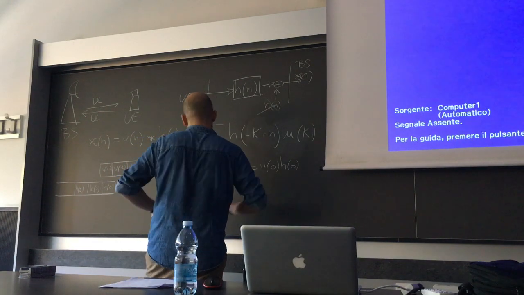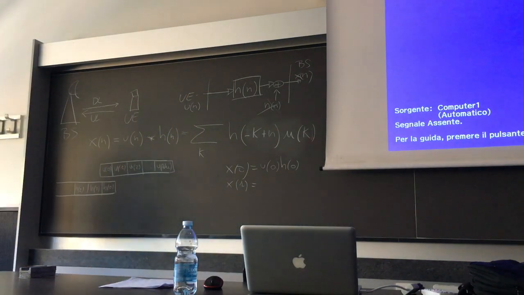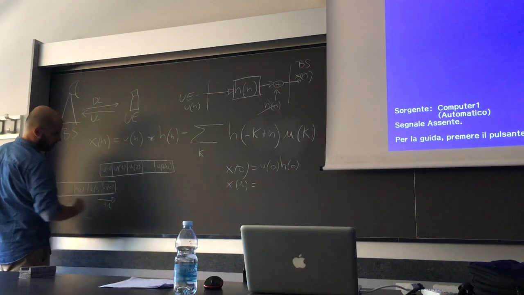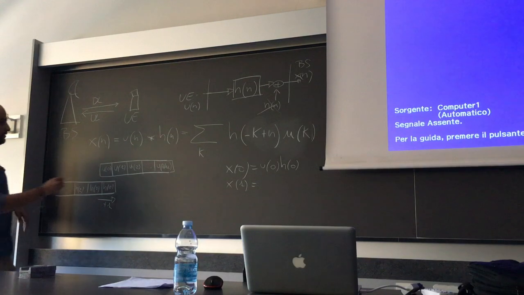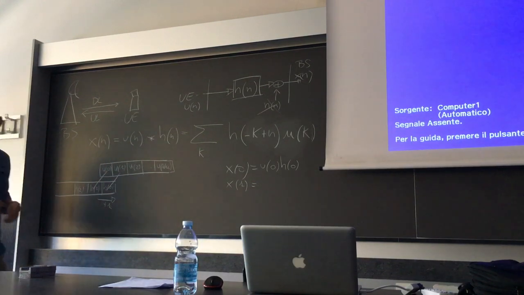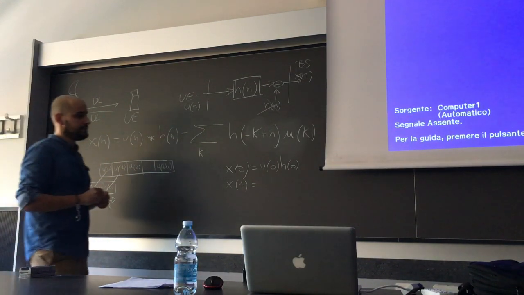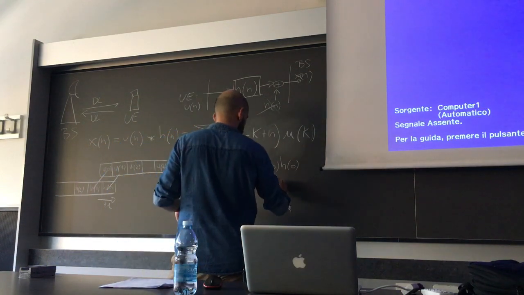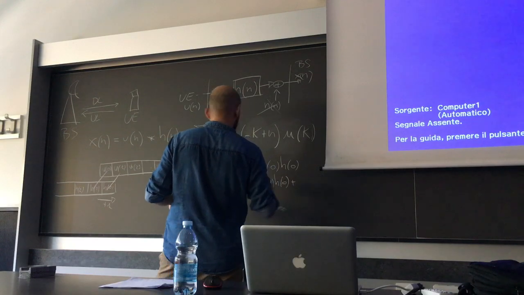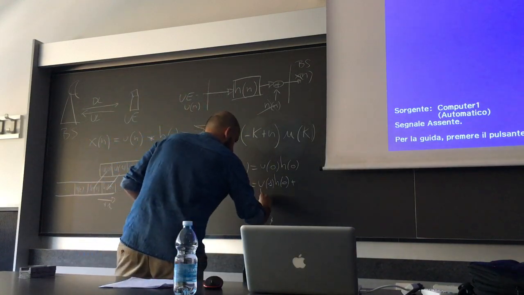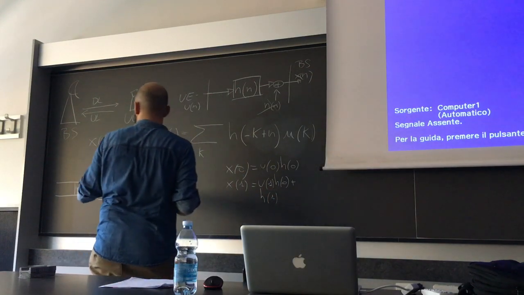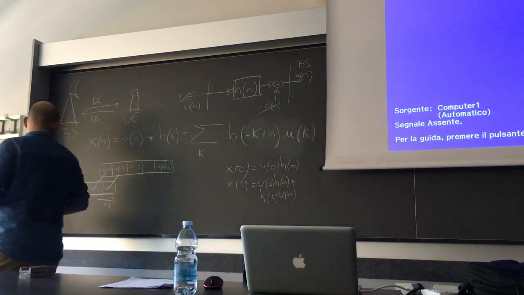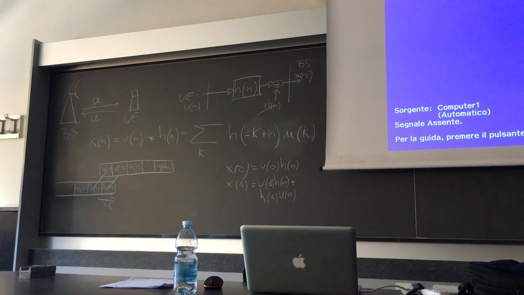Then what happens with X1? You shift by one sample, and again you do the same thing. So now we have this multiplication plus this multiplication: U1 by H0 plus H1 by U0. Is it okay? This should be pretty much clear, right?